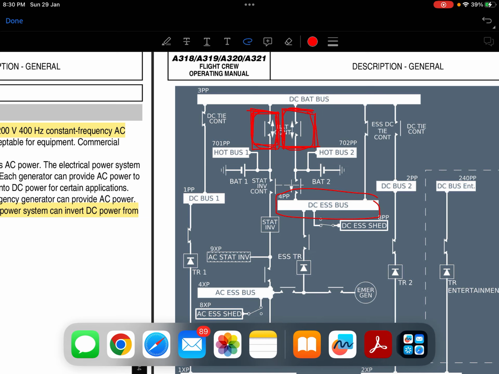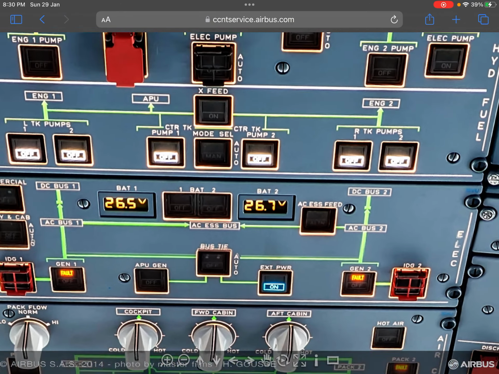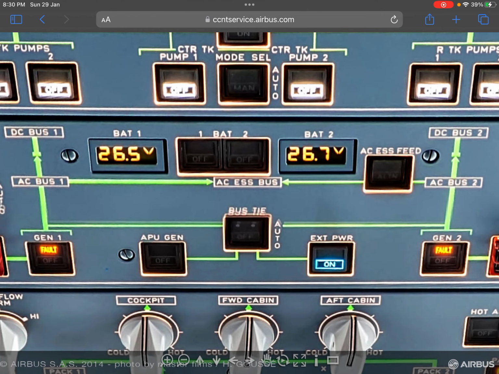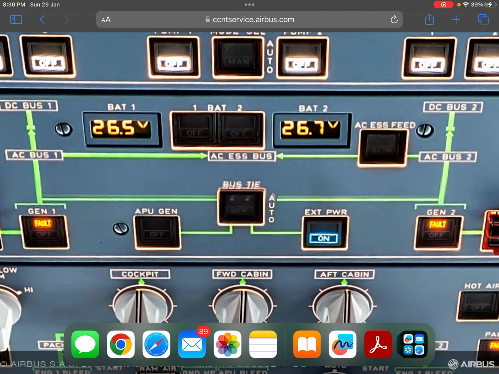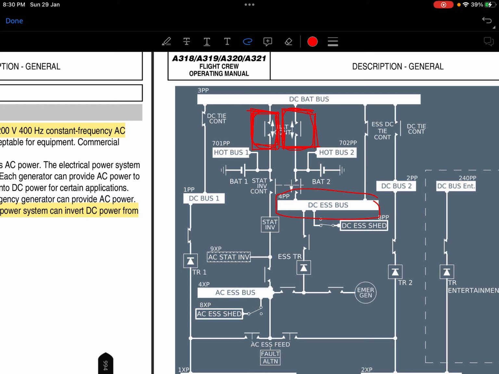Which push buttons am I talking about? I'm talking about these two push buttons in the middle, right? These are connected with the two battery contactors. When you press these battery push buttons on, it connects the batteries with the DC bat bus, right?